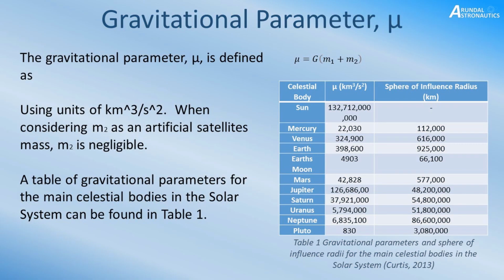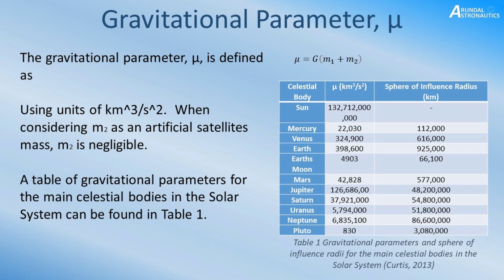The next important parameter that we need is the gravitational parameter, mu. And this is fairly straightforward, and it uses the universal gravitational constant G multiplied by the two masses in question, as in, let's say, a planetary body and a satellite. It's their masses, so m1 plus m2.